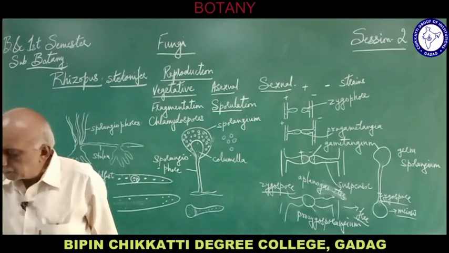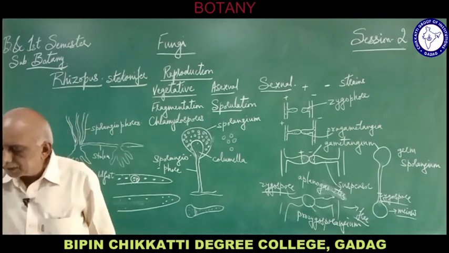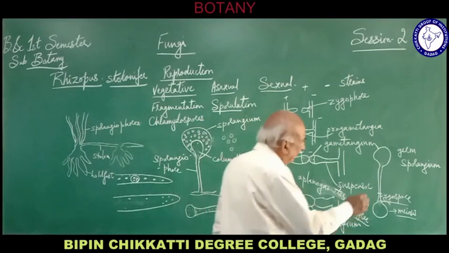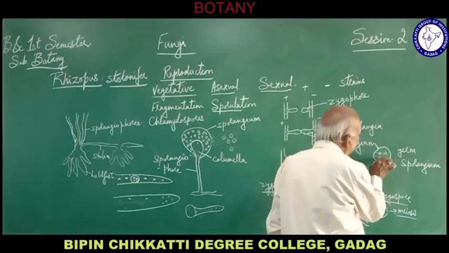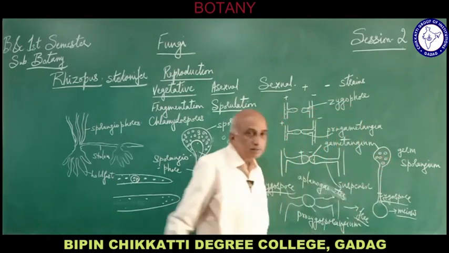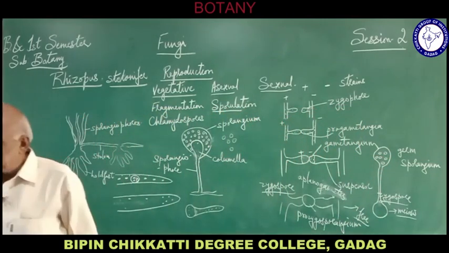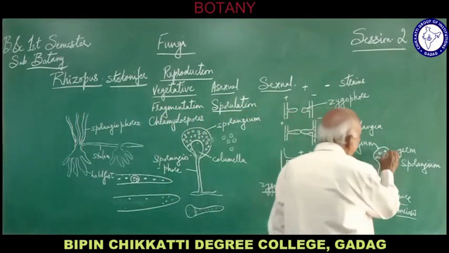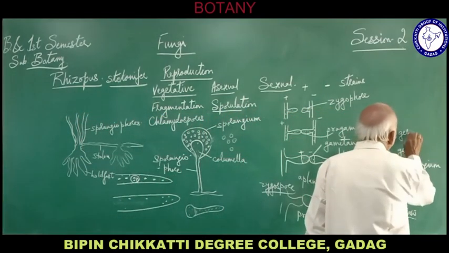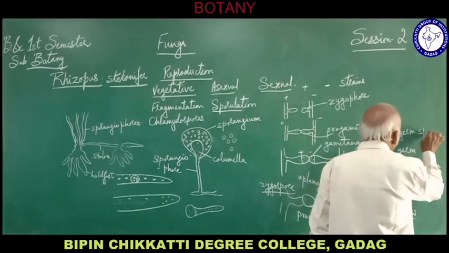Now these spores which are produced are called as the germ spores. So the germ spores produced by the germ sporangium are released.